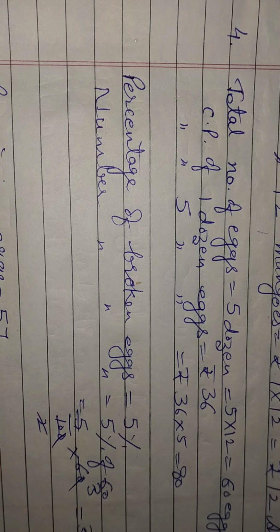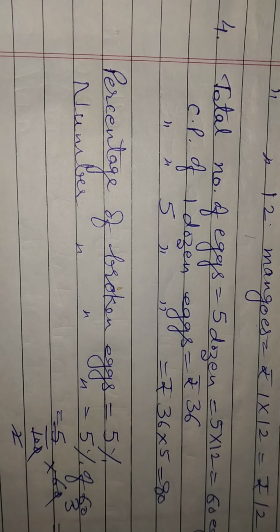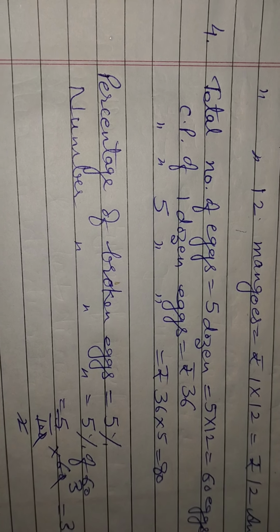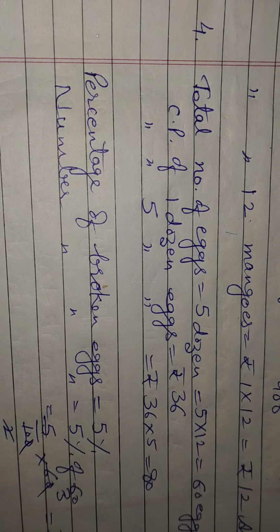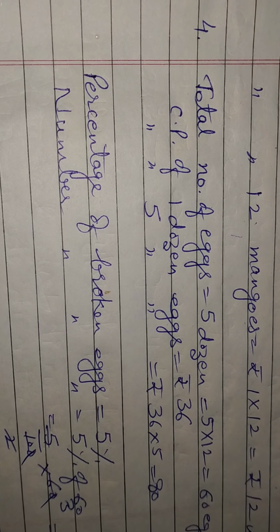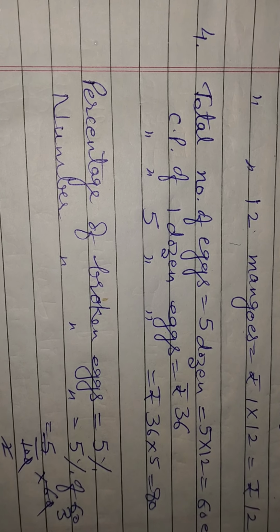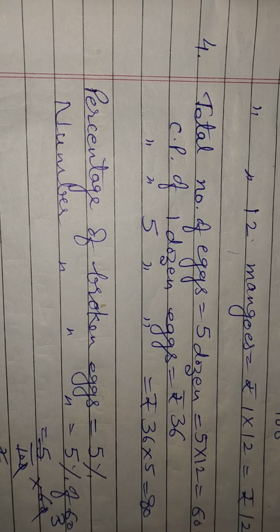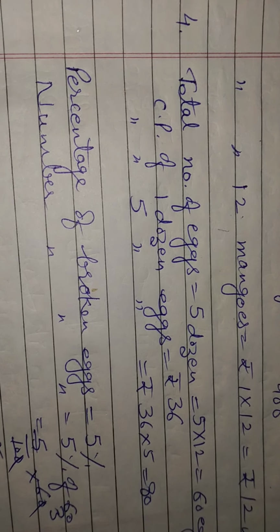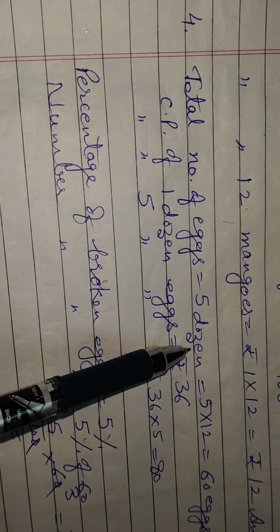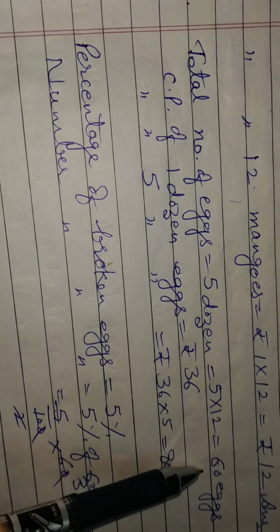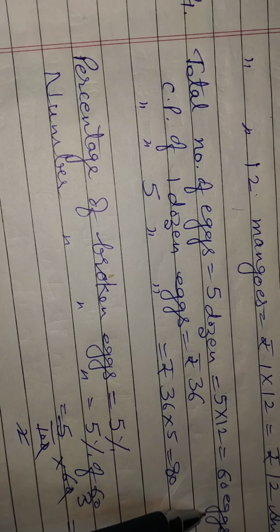Question number 4. A man buys 5 dozen eggs at rupees 36 per dozen. 1 dozen eggs costs rupees 36 and he purchased 5 dozen eggs. Total number of eggs, 5 dozen means 5 multiply 12, 60 eggs he purchased. Clear?